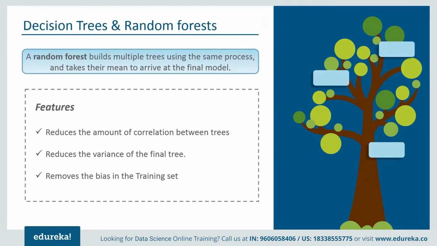However, every time a split has to be made, it uses only a small random subset of features to make the split, instead of the full set of features. It builds multiple trees using the same process, and then takes the average of all trees to arrive at a final model. Now this works by reducing the amount of correlation between trees, and thus it helps in reducing the variance of the final tree.